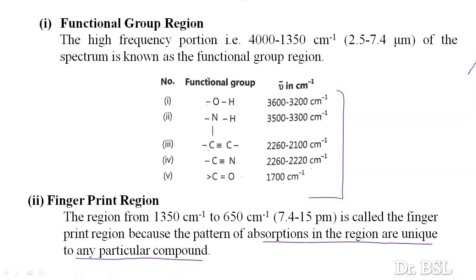The pattern of signals is unique for a particular compound. So this is known as fingerprint region. But in case of functional group region, the pattern is not fixed. We can have a range of their appearance. In case of fingerprint region, the pattern is fixed like our fingerprints.